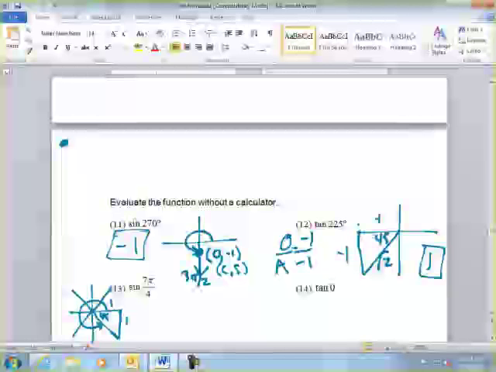So 1, 1, and square root of 2. Any negatives? The vertical one. What's SOHCAHTOA for sine? Opposite over hypotenuse. So what do we get? Negative 1 over the square root of 2. The negative 1 is the opposite one. Square root of 2 is the hypotenuse.